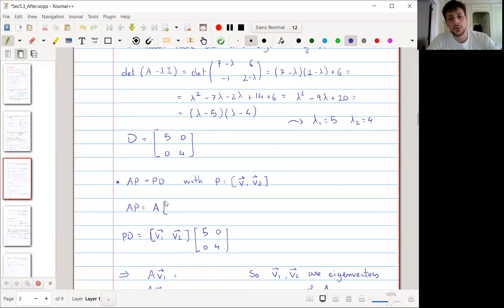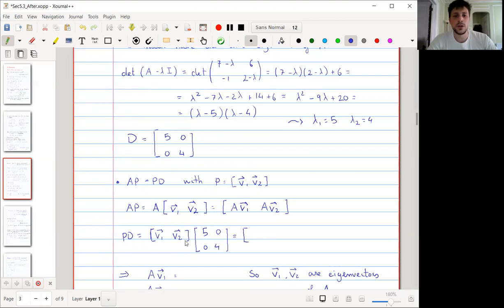What we want is that AP is equal to PD. If I multiply A by P, that's the same as writing the matrix whose columns are Av1 and Av2. On the other hand, if I compute PD, that's the same as the matrix v1, v2 times 5, 4.